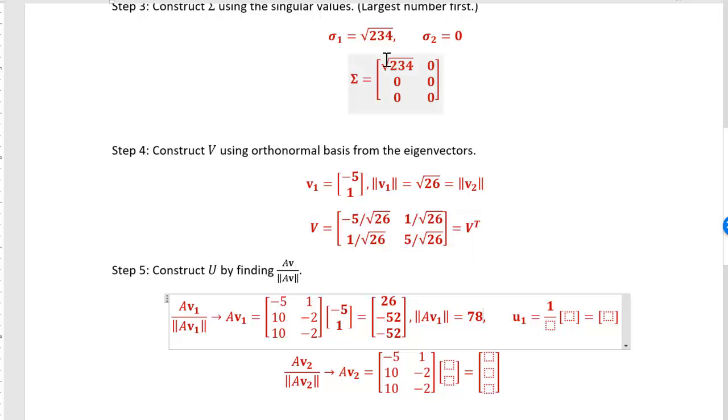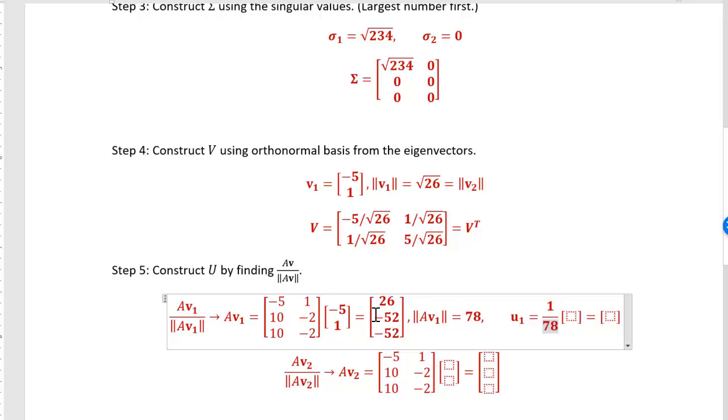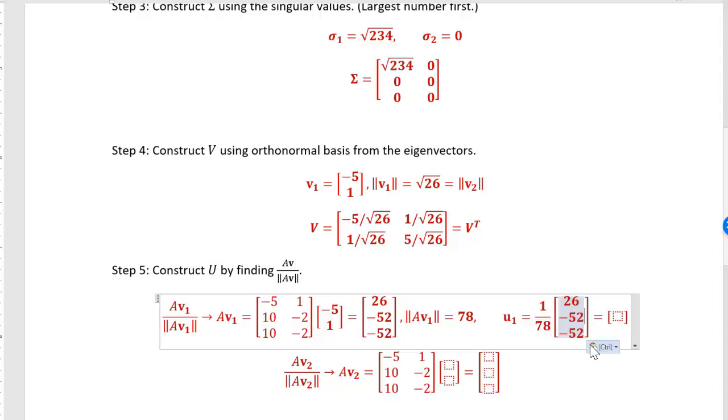And remember, since we have a 3 by 2 A matrix, our original matrix was 3 by 2, we want your U matrix to be a 3 by 3 matrix. So we're going to divide by the magnitude, and then our vector is, well, if we just leave our vector like this, that's fine.